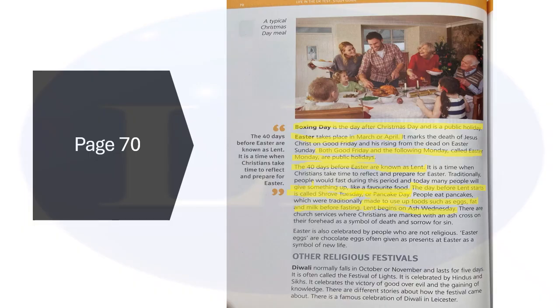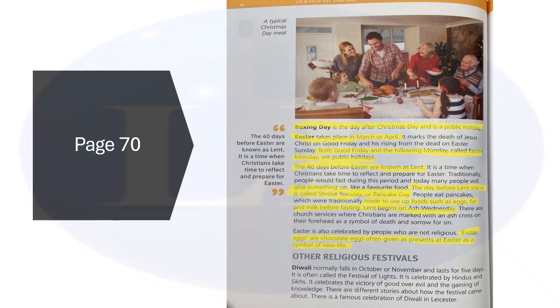There are church services for Christmas, but we don't worry about that. Easter is also celebrated by people who are not religious. Easter eggs, chocolate eggs, are often given as a present, as a symbol of new life. That's important, so make sure that you know that. So Easter eggs are a symbol of new life. So this is all about Easter.